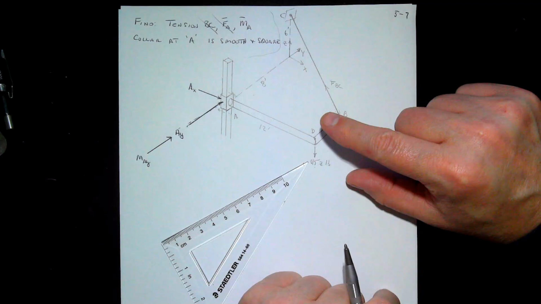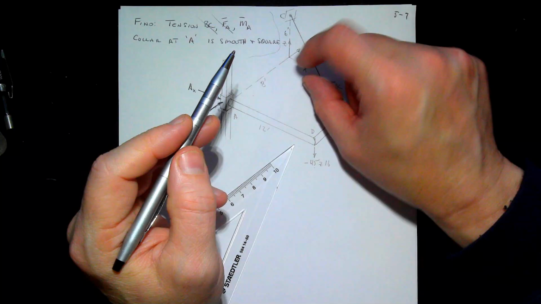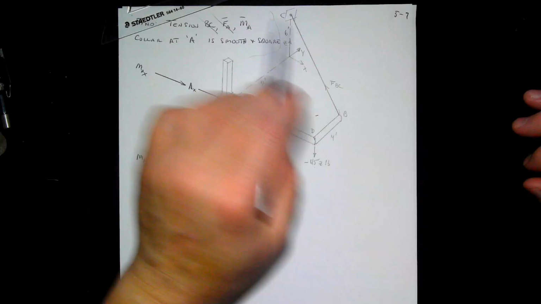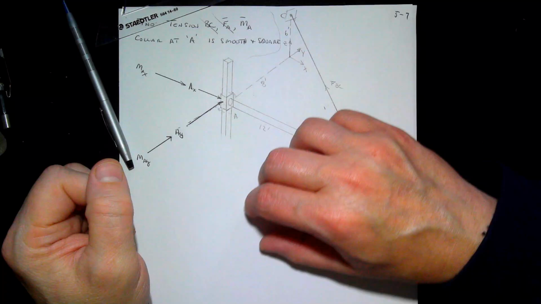All right, so what do we have? The cable will be a two-force member, so the force is going to go along from B to C and back and forth into here. And you got a force here. And so what we want to do is find the tension in that cable and the reactions of the fence post, which is frictionless, on this collar.